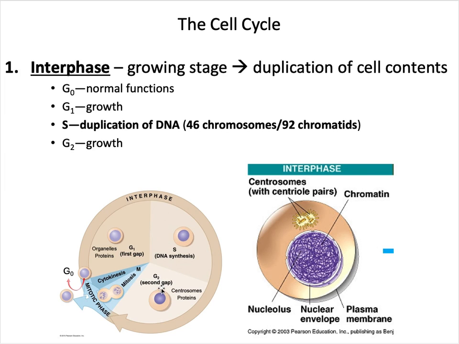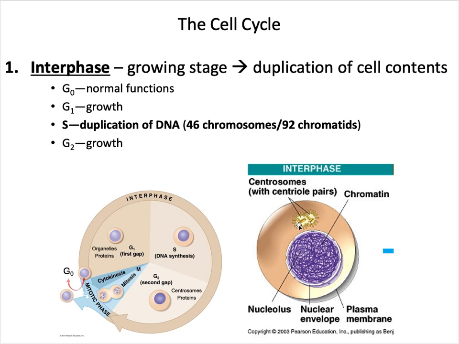And then here, G2, or second gap, is when you are replicating the centrosomes. Remember, centrosomes are made up of two centrioles. So this is one centrosome, and this is another centrosome, and each has two centrioles.